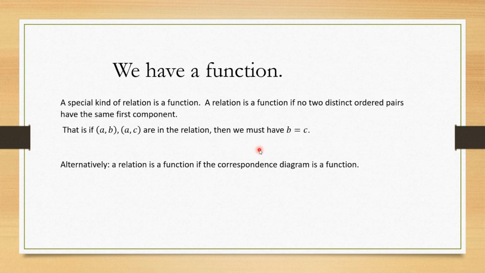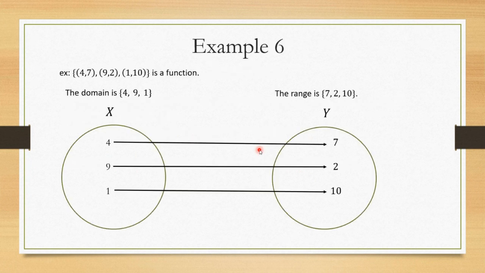So, as an example, let's say we had this. Here are these ordered pairs, right? Right away, even without all this here, you should be able to tell this is a function. All of these have different x coordinates, right? This one has 4, this one has 9, this one has 1. So all the x coordinates are different.